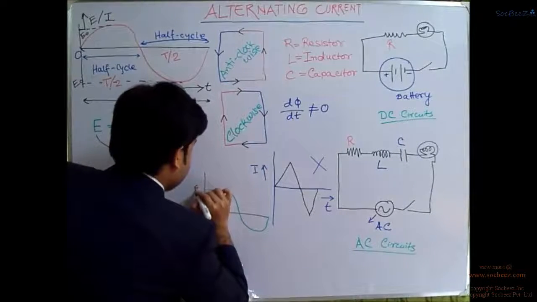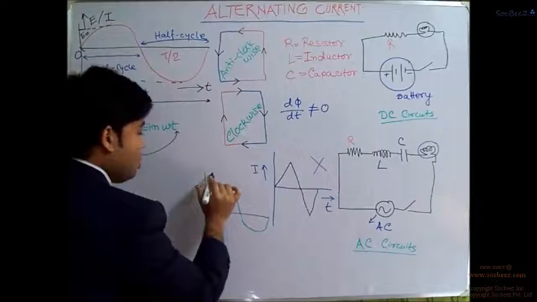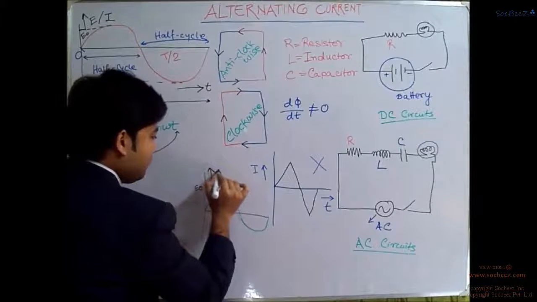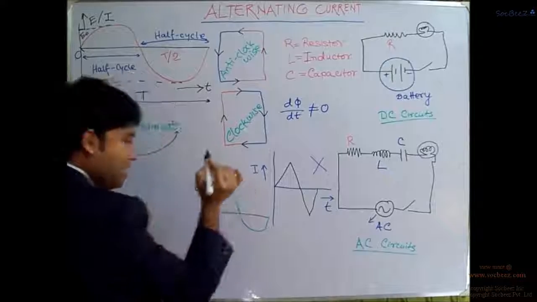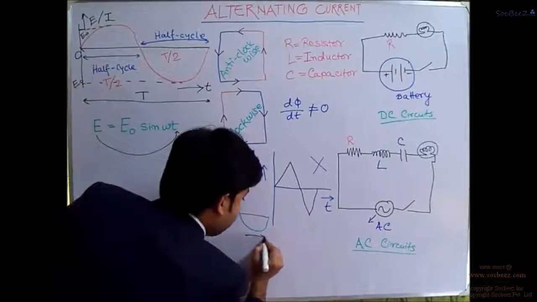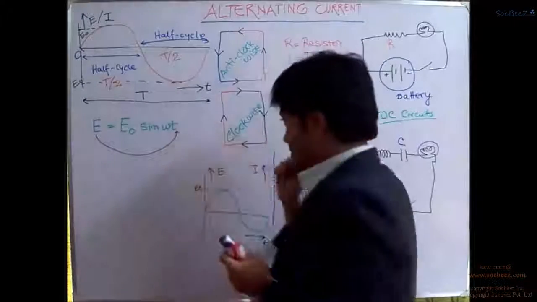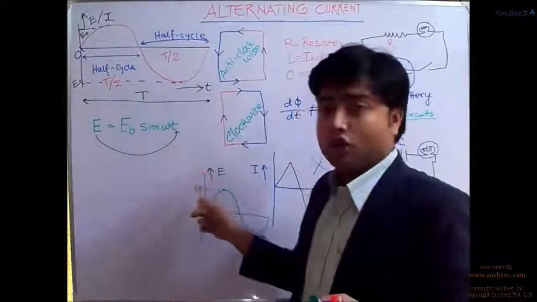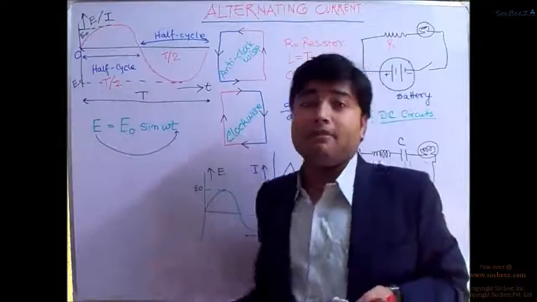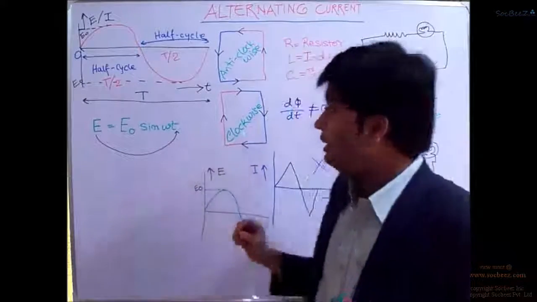So this point will be E naught when we are taking this curve with respect to the EMF and the time. This is the E naught, or the peak value of the EMF that could be attained.